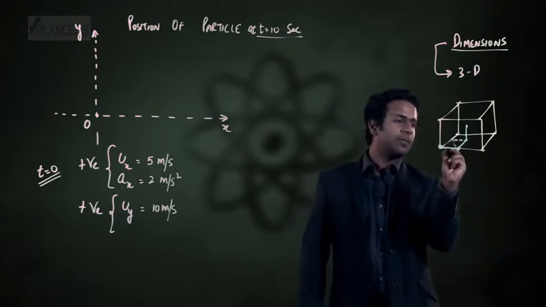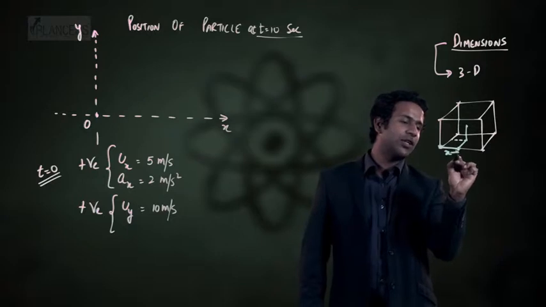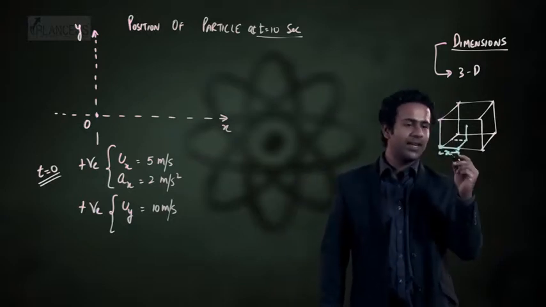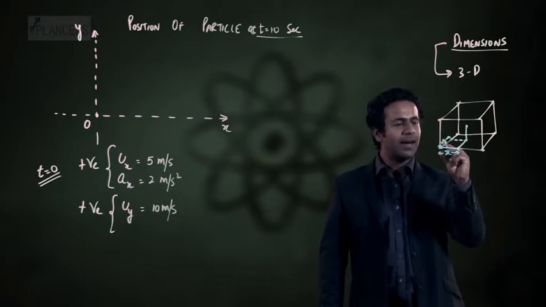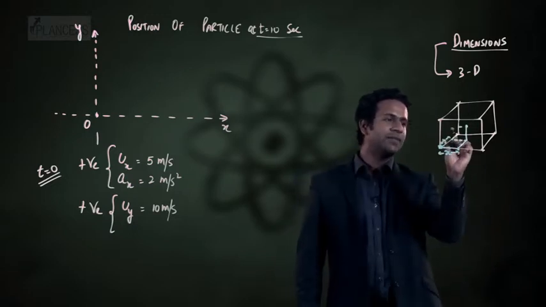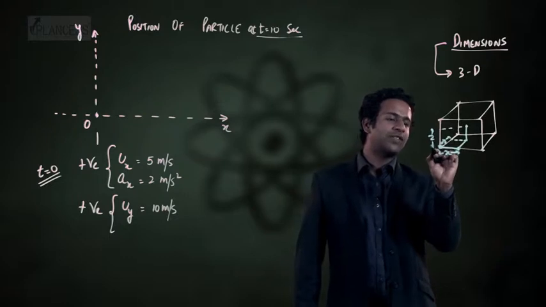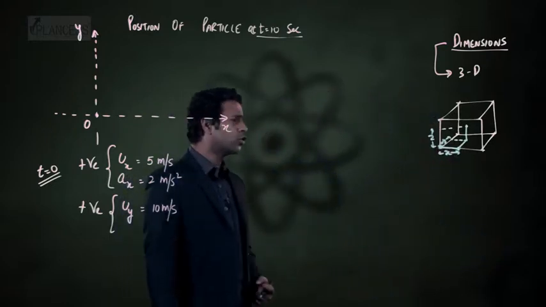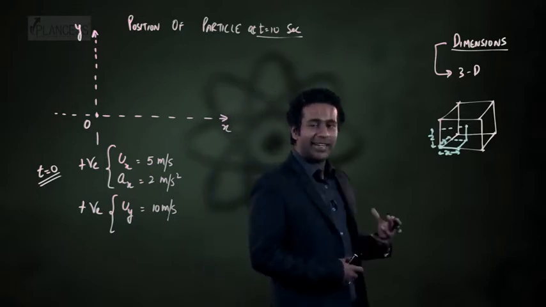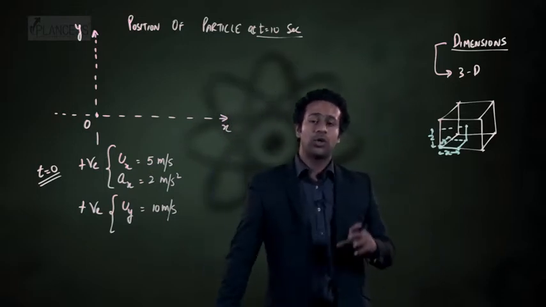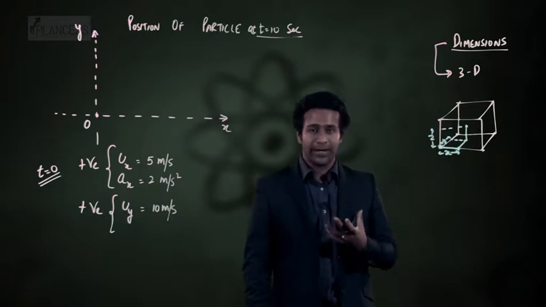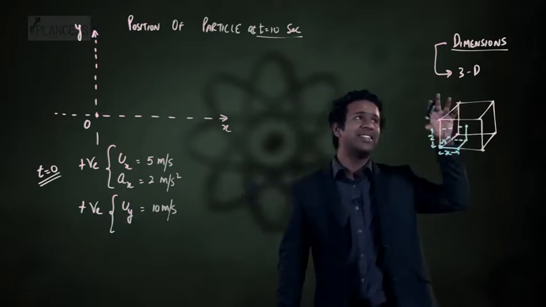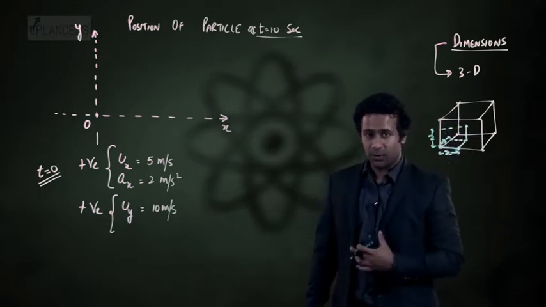So to reach that point you have to move x amount on this line, then y amount parallel to the other line, and finally an amount of z along the third line. Since we require at least three variables to uniquely locate a particle, that is why we say we live in a three-dimensional world.